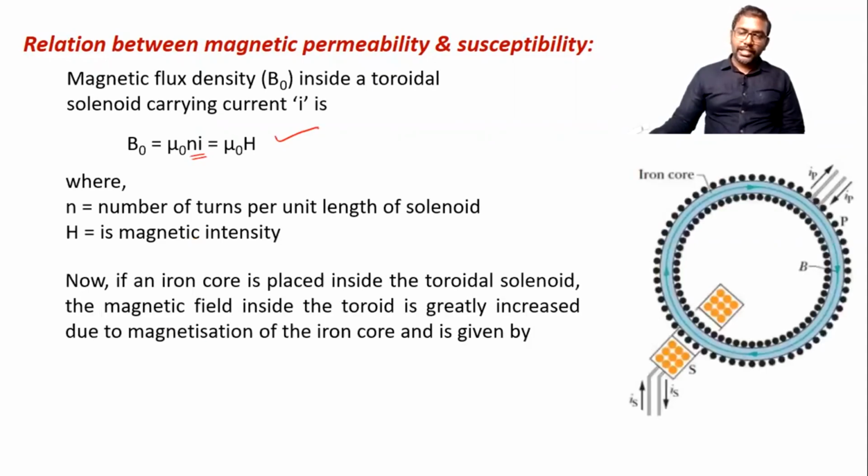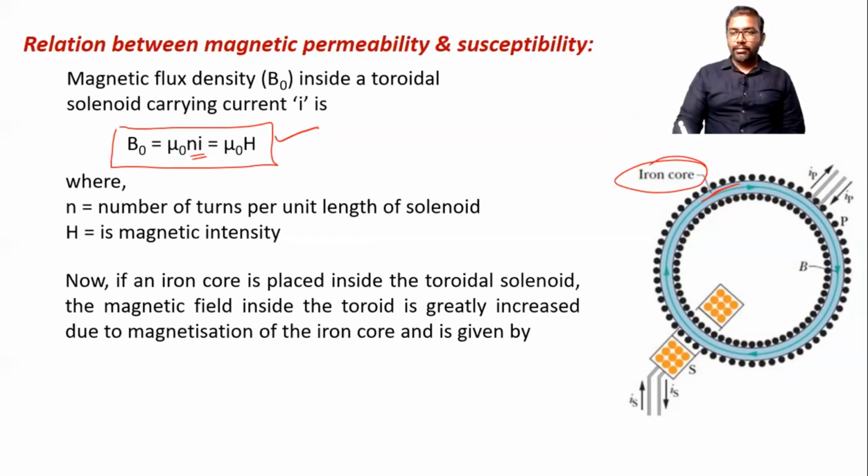Now if we consider a toroid and an iron core is present inside the toroid, in the absence of the iron core this is the magnetic field due to the toroid. But when the iron core is present inside, the iron core also contributes some magnetic field.